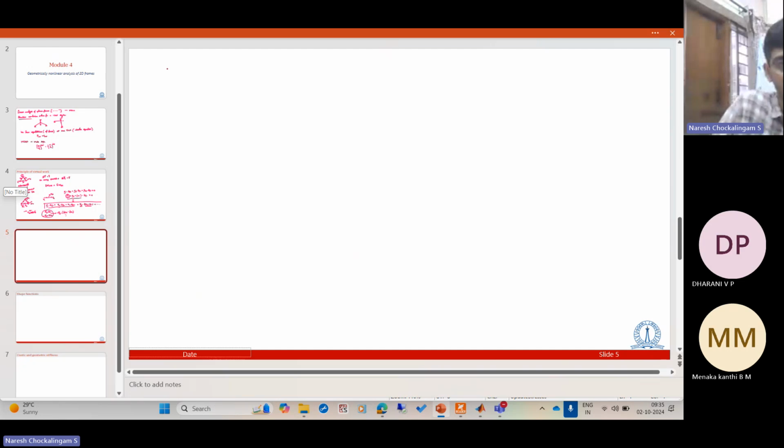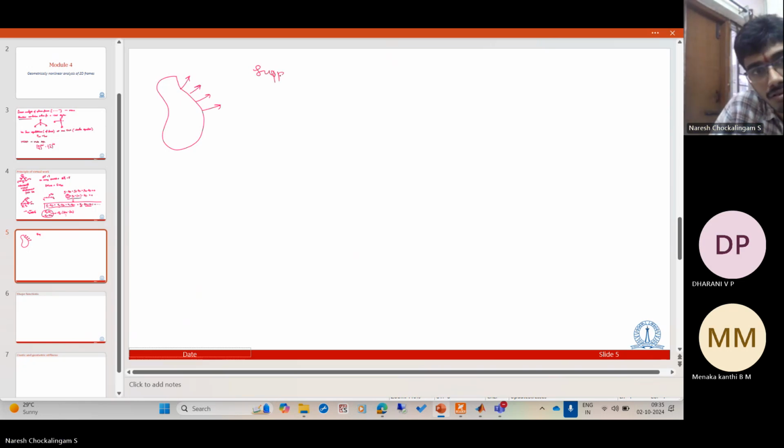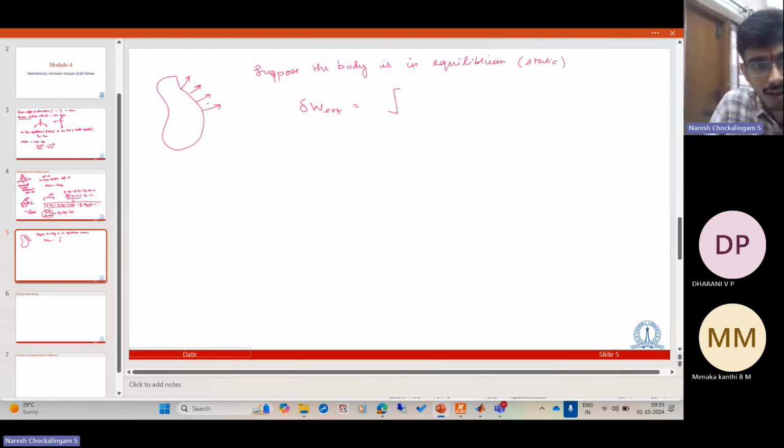So a continuous body like this can be subjected to some forces. Suppose the body is in static equilibrium under the action of some forces. Then the principle of virtual work states that the net external work done is nothing but the integral of all.